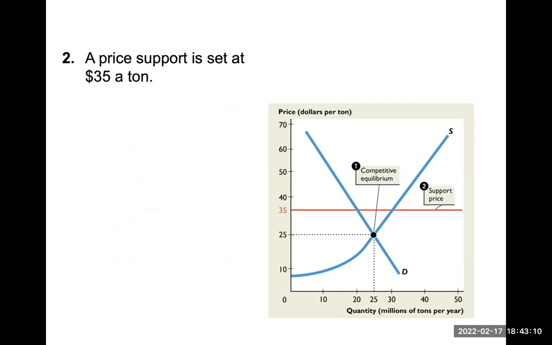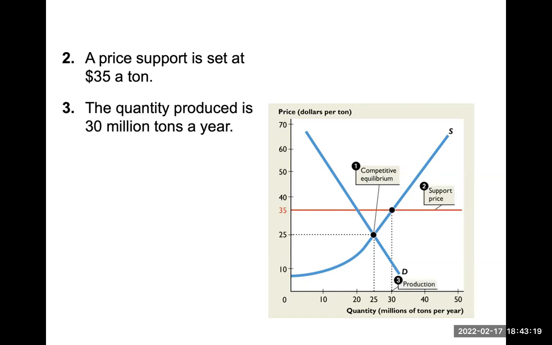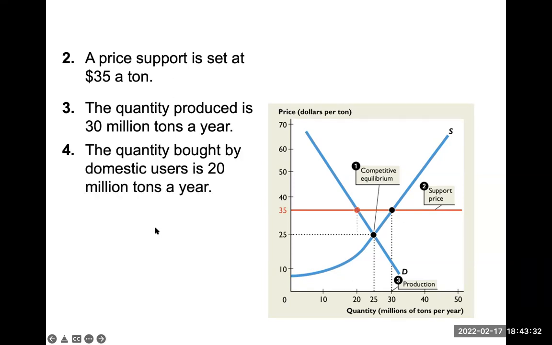Secondly, a price support is set at $35 a ton. So this is another setting, $35 a ton. The quantity produced is 30 million tons a year, according to the $35 price. The quantity bought by domestic users is 20 million tons a year.